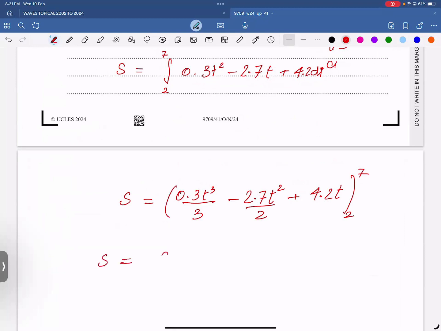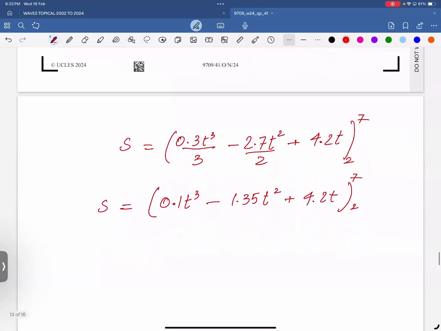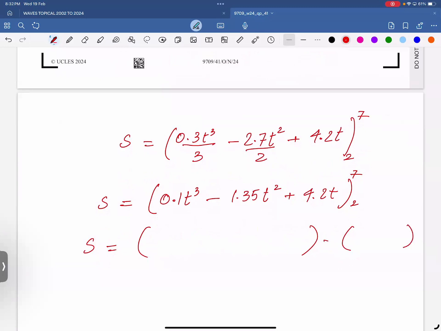First simplify, my dear. 0.1t cube minus 1.35t squared plus 4.2t. I did not put c because it's a definite integral. What you have to do, you must show the substitutions of the values. So substitution you will do all with 7, then all with 2. This with 7, this with 2.